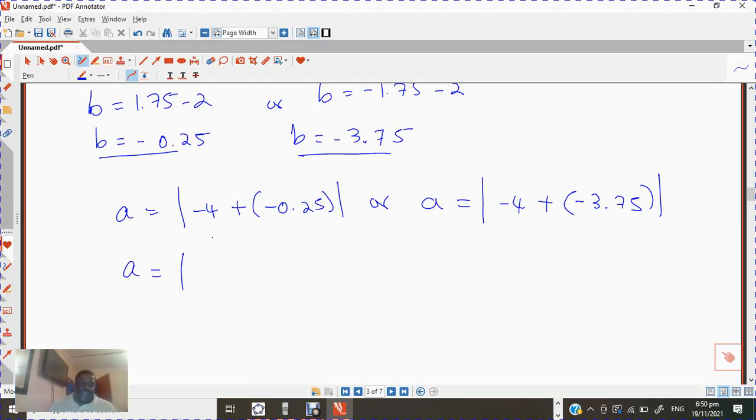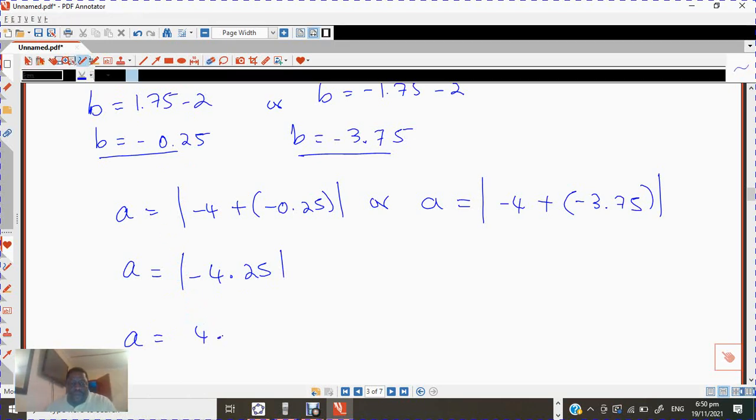If you do this, it's going to be negative 4.25. That therefore means that a is not negative but rather positive. Remember, the absolute value of something should be positive, 4.25. So that's one value: when b is equal to negative 0.25, a is equal to 4.25.